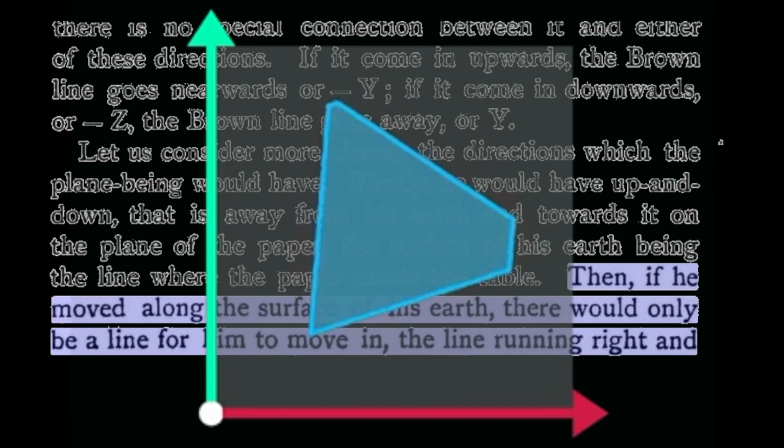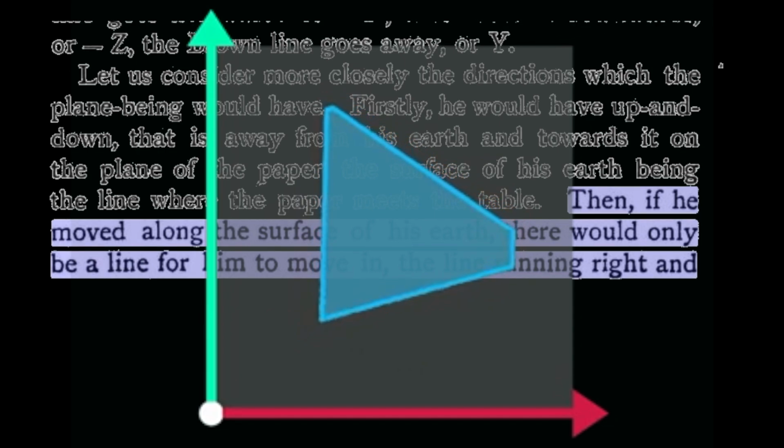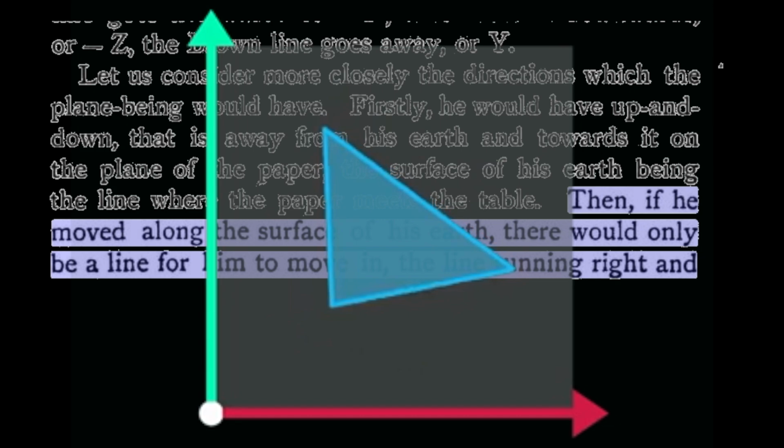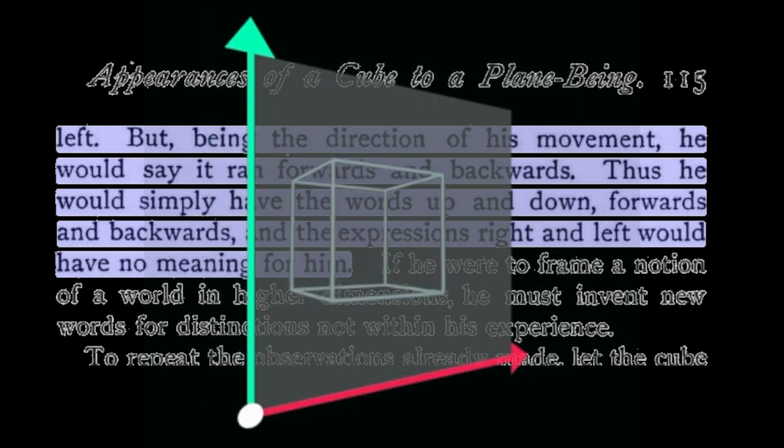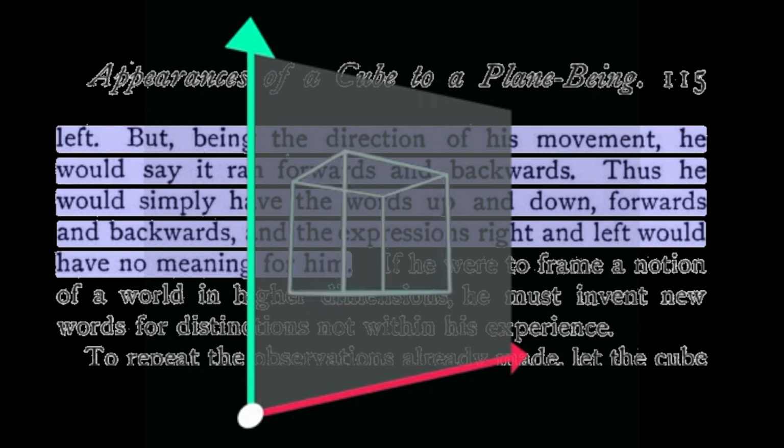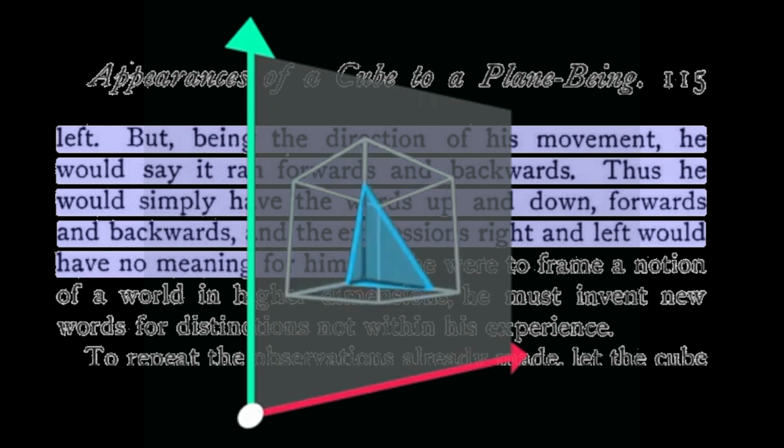Then, if he moved along the surface of his earth, there would only be a line for him to move in, the line running right and left. But, being the direction of his movement, he would say it ran forwards and backwards. Thus he would simply have the words up and down, forwards and backwards, and the expressions right and left would have no meaning for him.